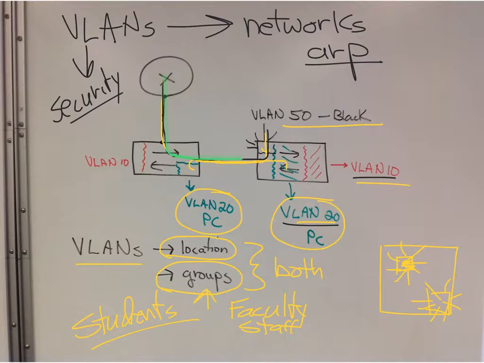It'll be tagged with green here again, and then it'll go down to the PC. Cool, huh? You say, oh yeah. So here, let me make that a little more clear. Here we have sub-interfaces to do this.